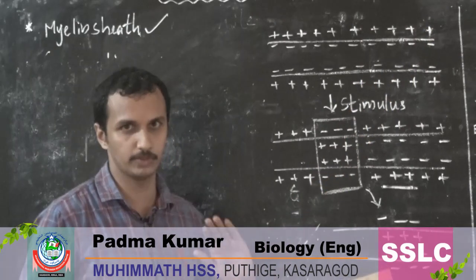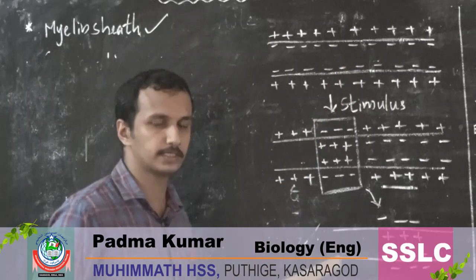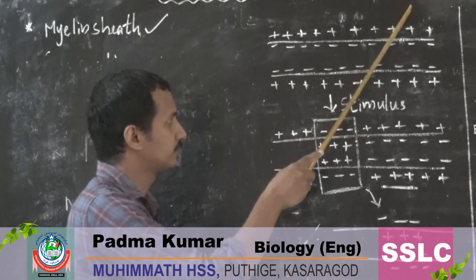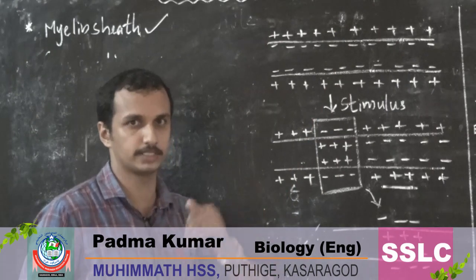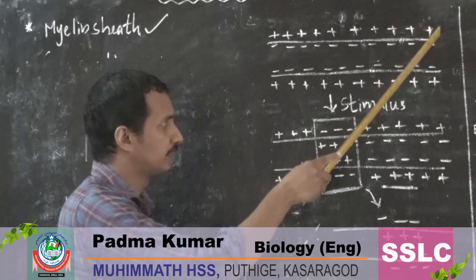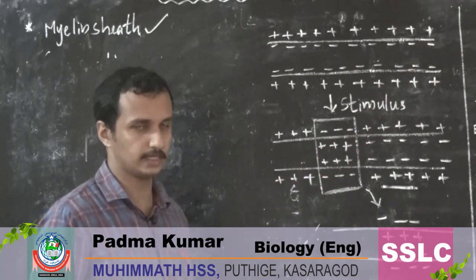There is a distribution of charged particles that we call ions, outside the cell membrane and inside the cell membrane.